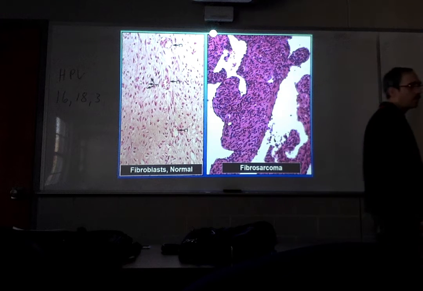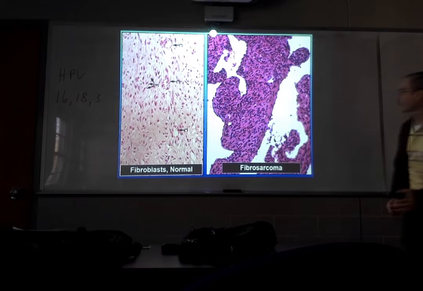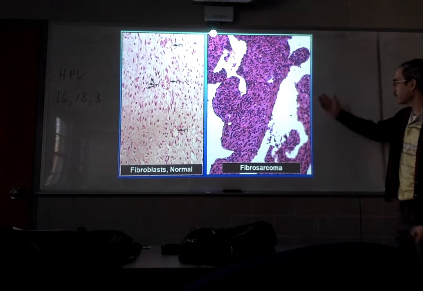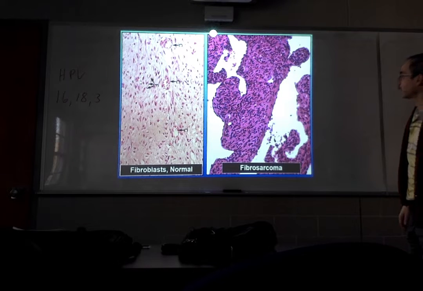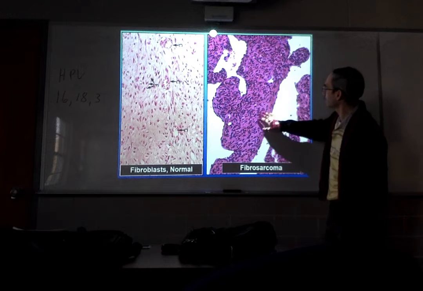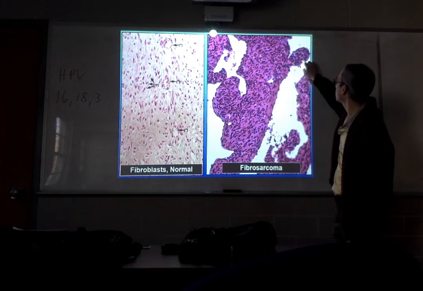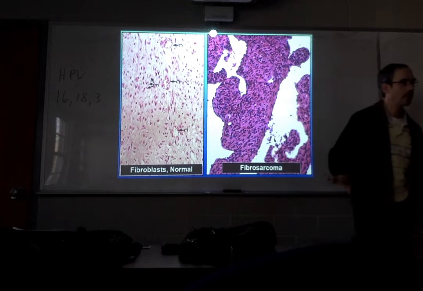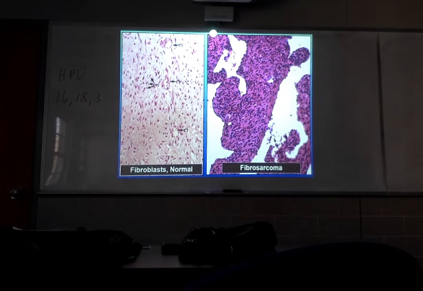Here is what fibrosarcoma cells look like. It's a section through a fibrosarcoma. Nearly all the cells you're seeing here are fibrosarcoma cells. Take a look at this. Again, you notice the cellular density. Some areas are more dense than others, but the cells are very tightly packed together. Again, it's a manifestation of loss of proliferative control. These cells are proliferating out of control. They are neoplastic cells.